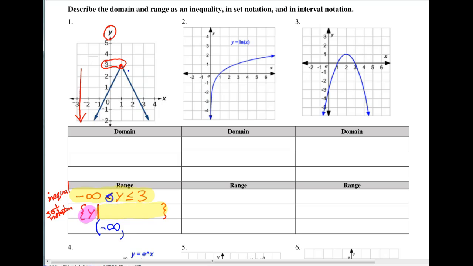For anything that is just less than, you use a parenthesis, right? Anything that's less than or equal to, you're going to use a bracket. So since this is 3, we're going to use 3 and then this bracket. So with the equal to, it's a bracket. Without an equal to, it's a parenthesis.